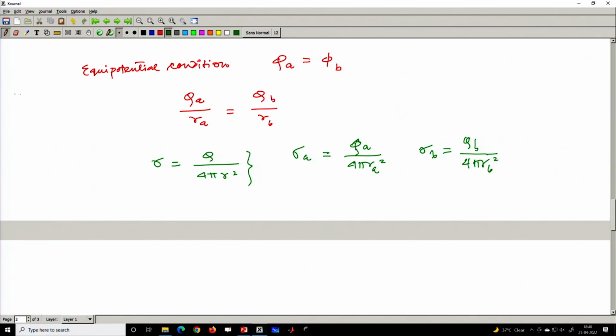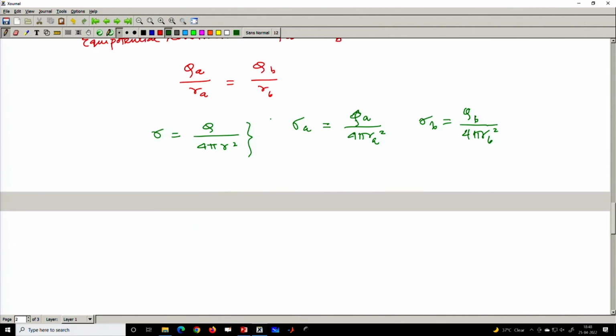So, sigma A and sigma B we know, and also I have a condition here.